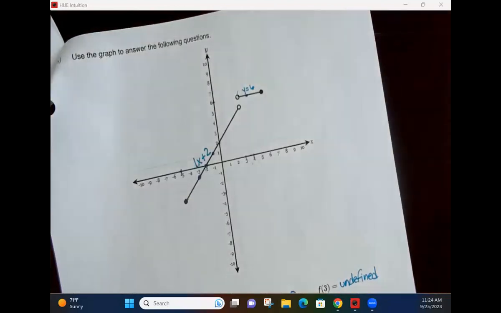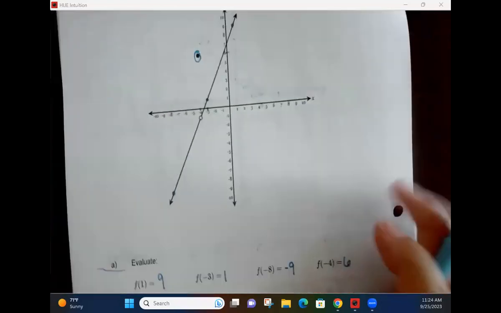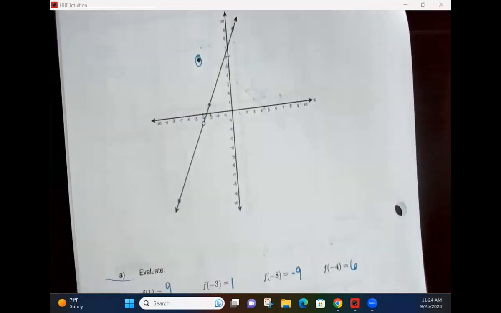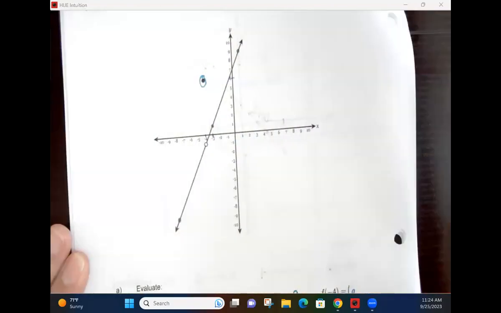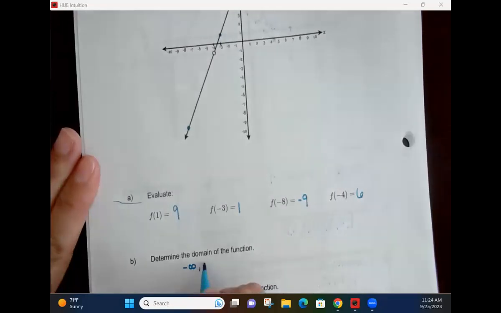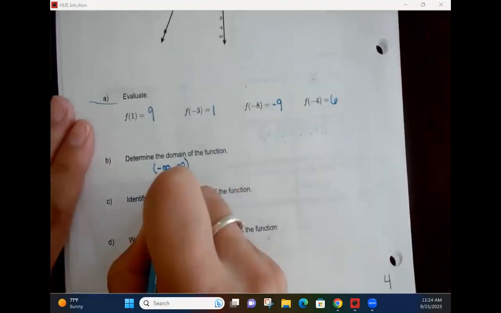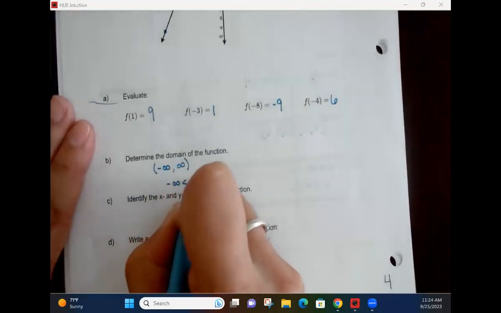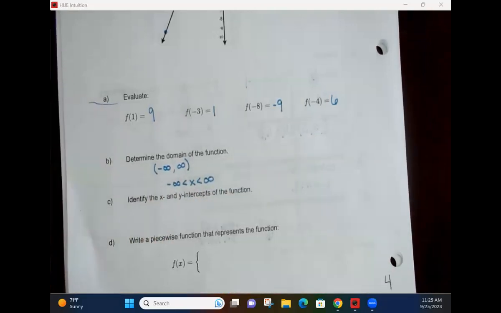There is a point when x is -4, so I don't need to split this up. We can just keep chugging along. If I'm going to go forever this way, that means I'm going to go up to positive infinity. If you like inequality notation, this would be -infinity is less than x is less than infinity. You don't have to break up your domain here because all of those x values have a y.